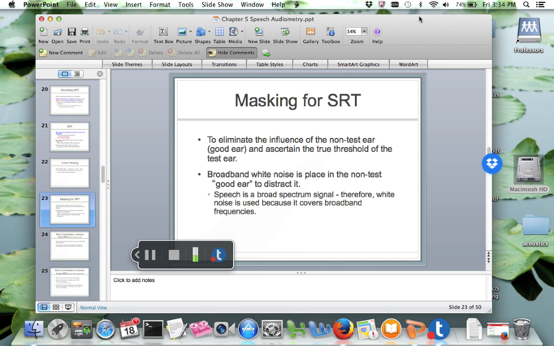If the noise has energy at all frequencies, it can mask any other words that are coming around and knock out one ear so that the other ear can be tested. Remember, it's like when you go to get your eye exams and they make you cover your left eye while you test your right eye. So we also do masking for speech testing to knock out one ear so that it doesn't help the other ear.